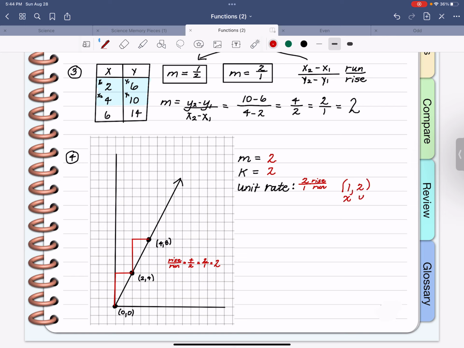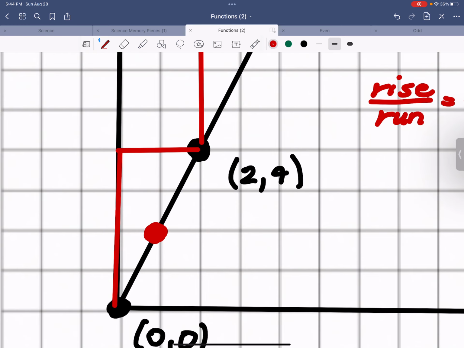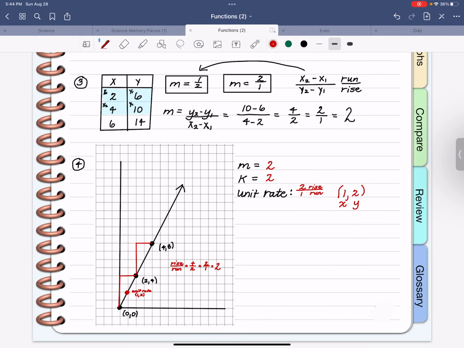Because remember, x comes first. So over 1 up 2, right there is our unit rate. It is over 1 up 2. I like that one. That's a good question.